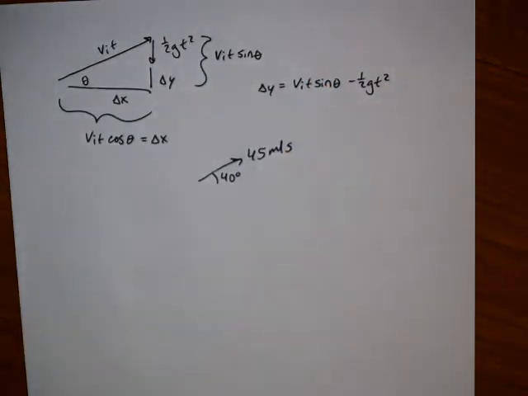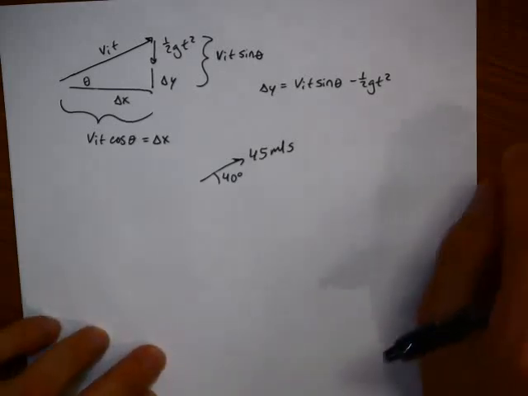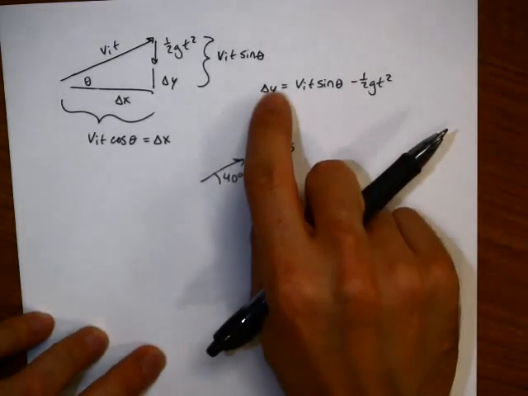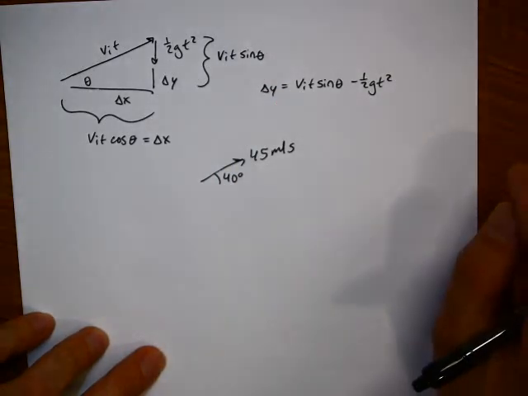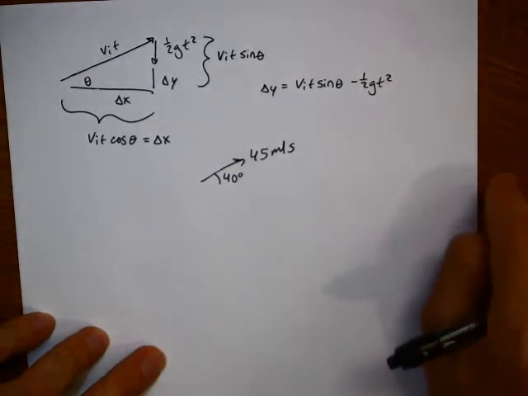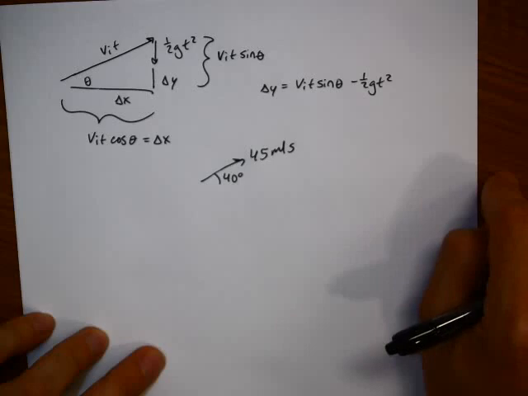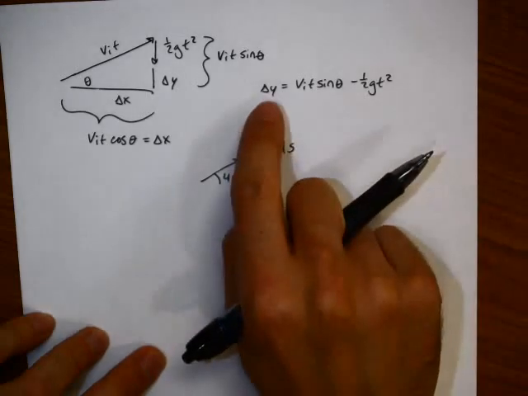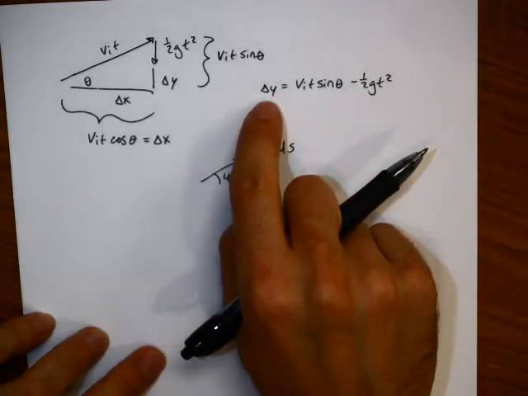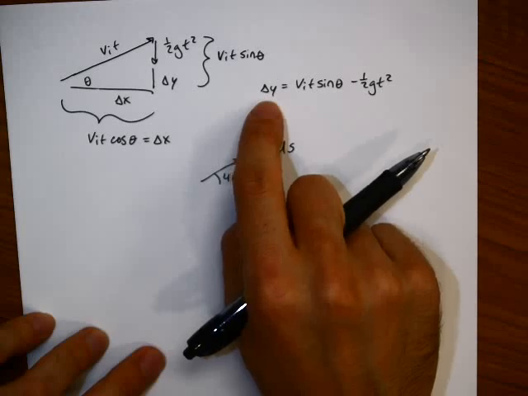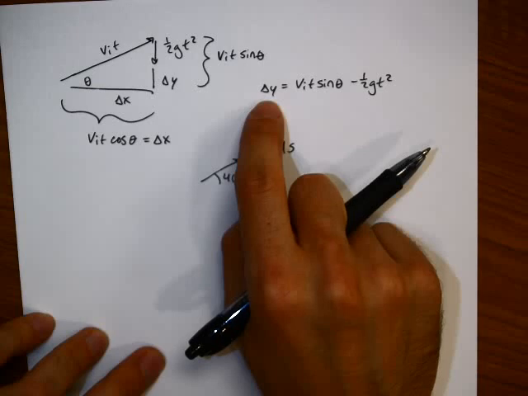Two questions that we most commonly answer for problems like this are the time it takes to land and the range. The time always comes from the delta y equation. When the object lands, the overall delta y, the overall change in height, is 0. It starts at ground level, it ends at ground level.